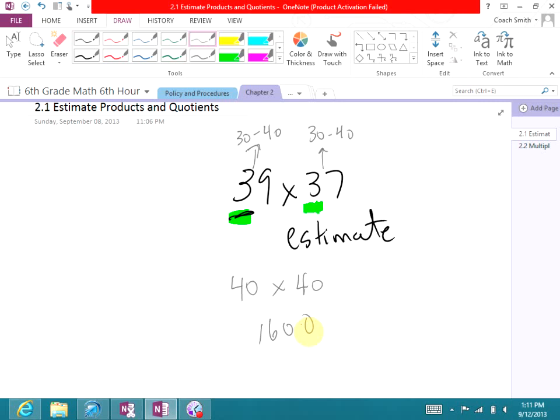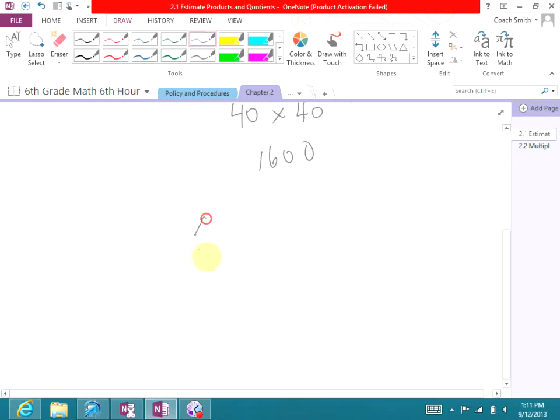Now, obviously, all of the problems are not going to be that easy. For example, if I had 59 times 2,854, using the leading digit or the front digit estimation, we want to look at the 5 and the 2.